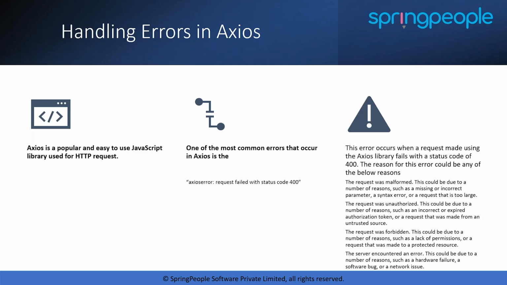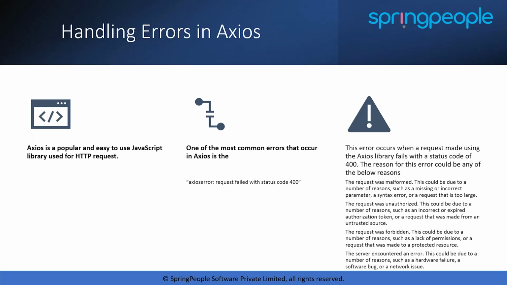Now, what happens? Whenever we work with Axios, as I already told you, it is a very popular and very easy to use JavaScript library that we can add through npm into our React application.